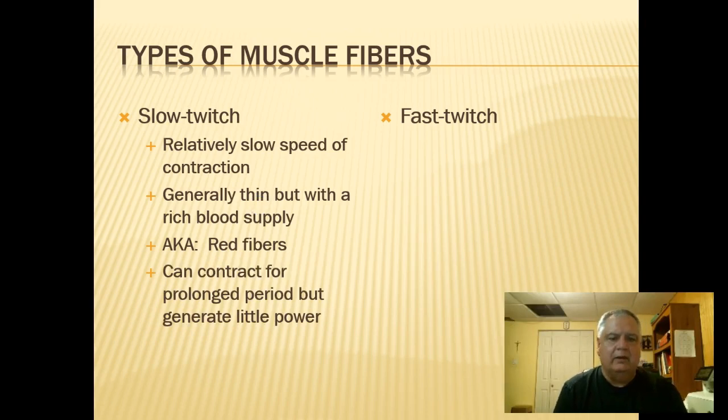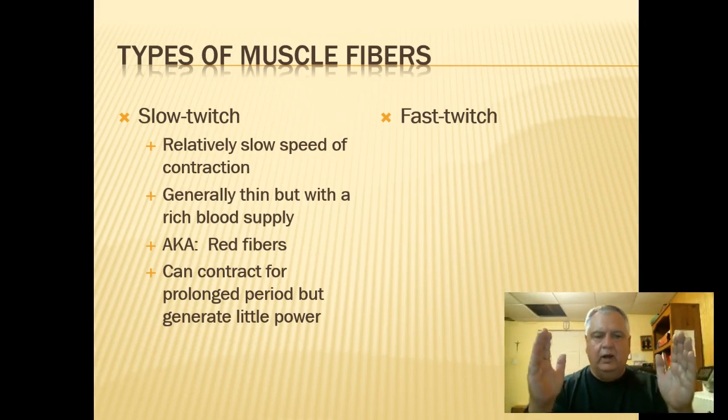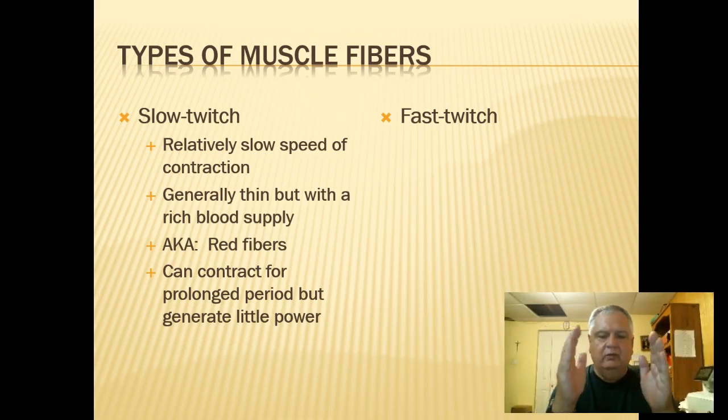Now, slow twitch muscle fibers can contract for a prolonged period of time, but they generate very little power, relatively speaking, whenever they contract. Within a range, slow twitch muscle fibers tend to contract much more slowly.